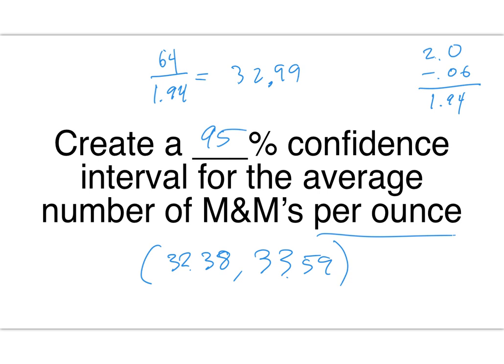What does our confidence interval do with respect to what's printed on the back? And the reason I ask this question is this is actually getting us to what we're going to be starting in the next chapter. The statement that was made in class is our interval starts at 32.38, which let me go ahead and share this on the screen.